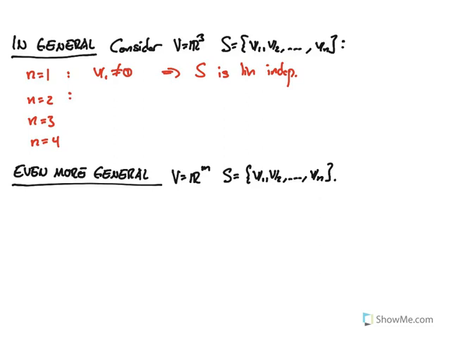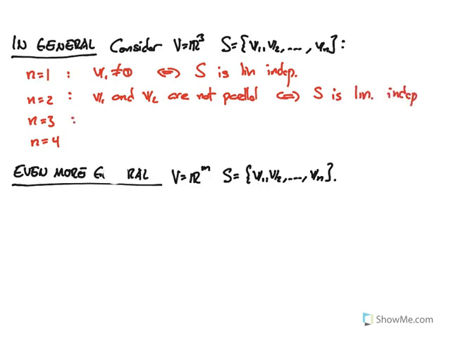If you have two of them, then the statement is that they need to be not parallel. That actually goes both directions. So if v1 and v2 are not parallel, if they do not lie on a line, then S is linearly independent. If you have three of them, then the statement is that they cannot all lie in a plane.